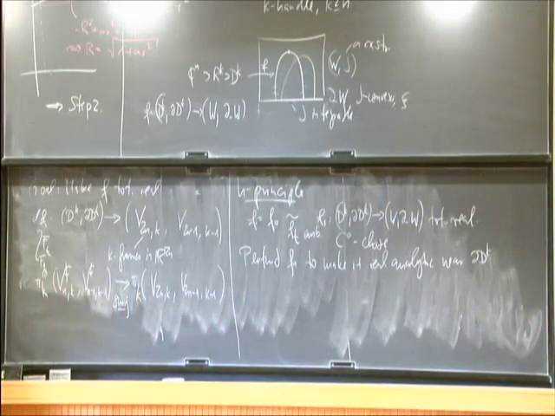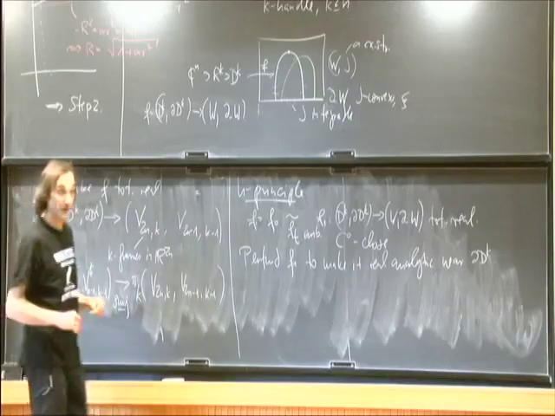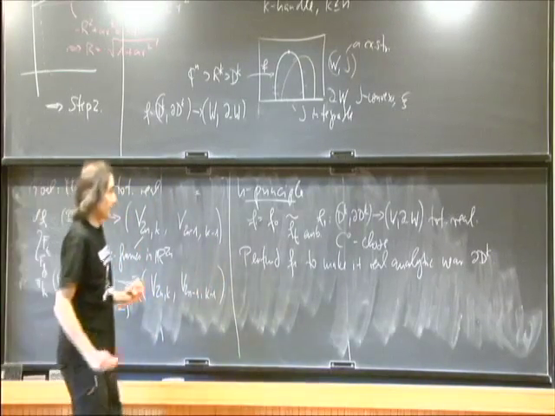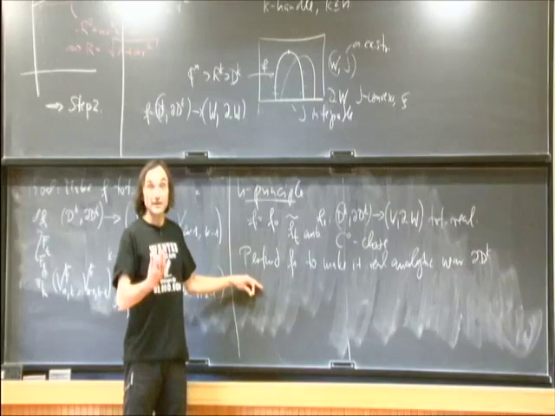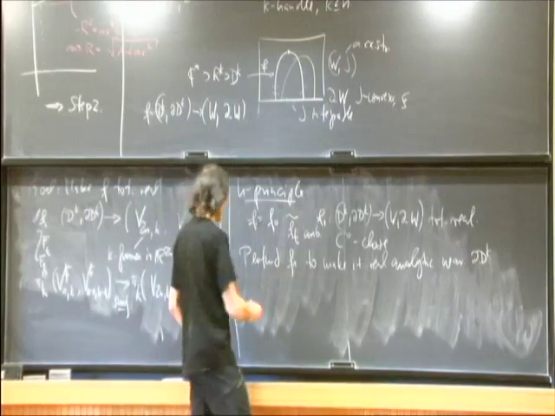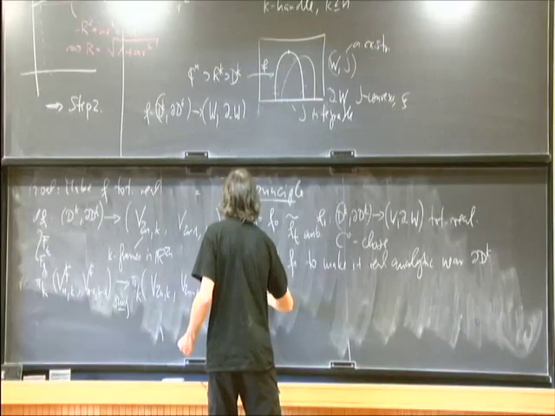And you can always approximate a smooth map arbitrarily close, C infinity close, by a real analytic one. So then, once you have a real analytic map, you can complexify it to a holomorphic map of a small neighborhood.